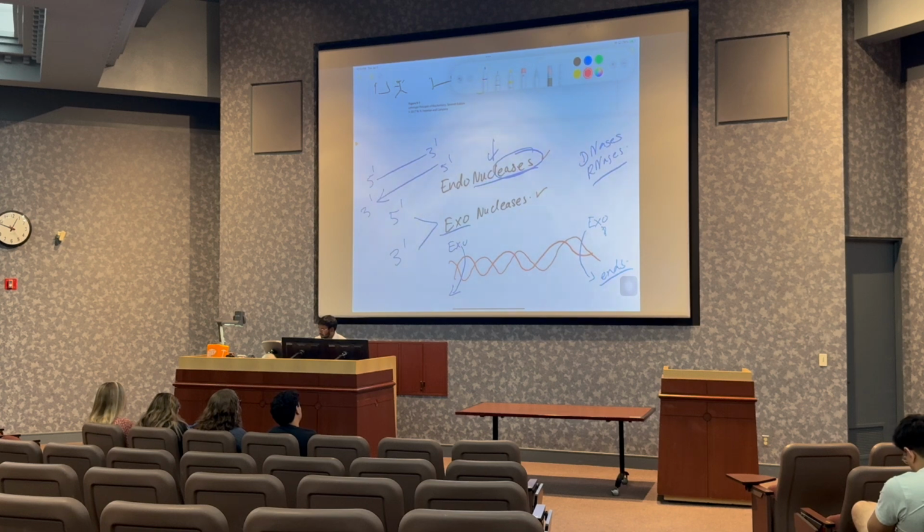If an enzyme cuts the DNA sequence somewhere here, what would you call them? To be more specific, 5 prime exonucleases, okay. So this is 5 prime exonucleases, and if I cut somewhere here, 3 prime exonucleases, okay. This one is 3 prime exo.